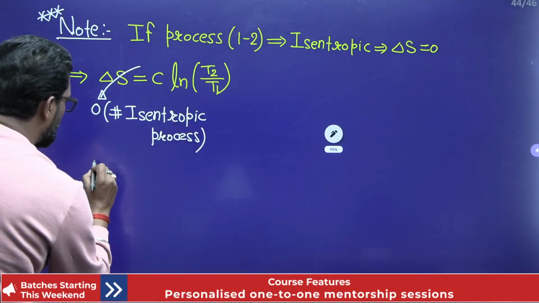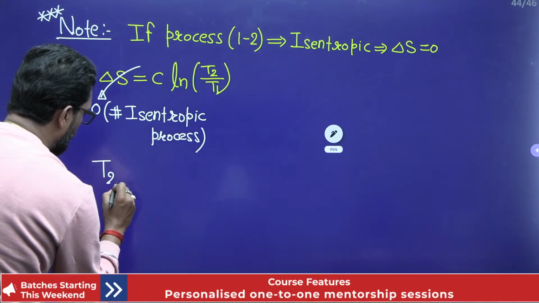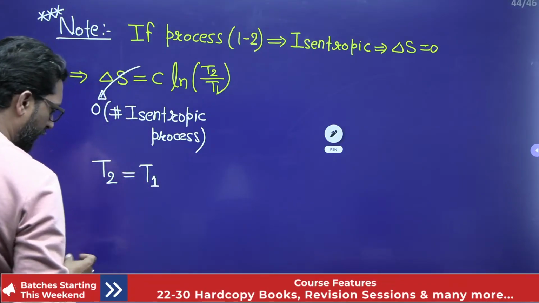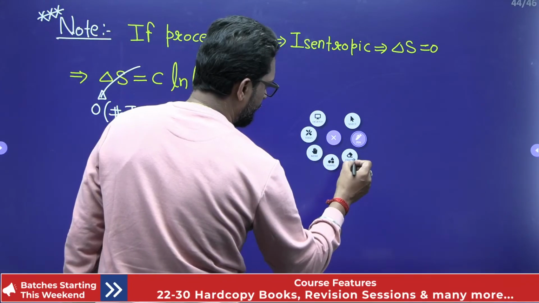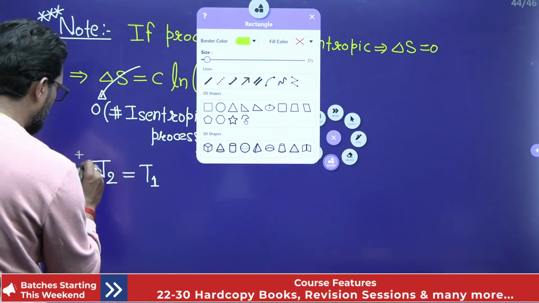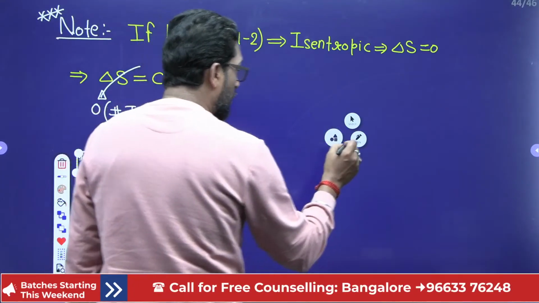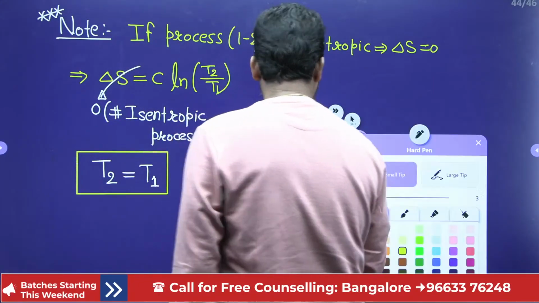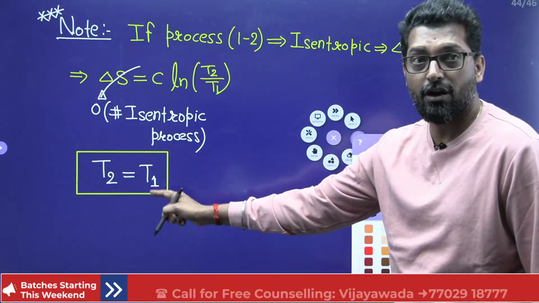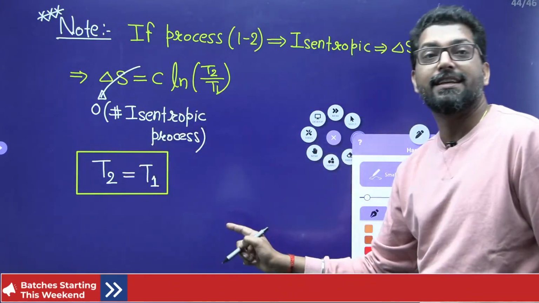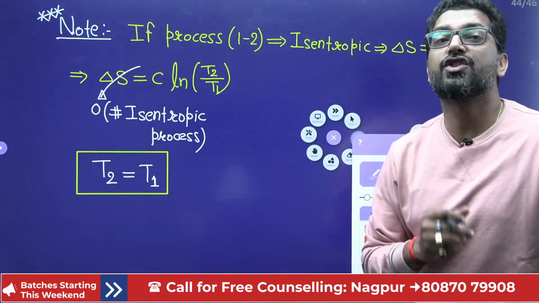So if you put this one, T2 is equal to T1. See my dear, it is not isothermal. See the beauty. The temperature of a substance, final is the same as initial if there is no change of entropy.